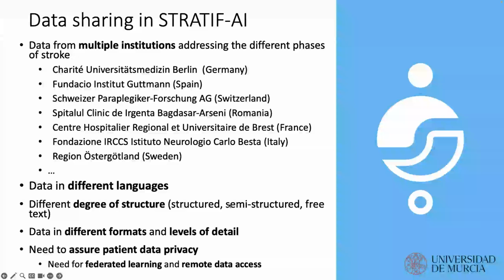And in our project, clinical data cannot be integrated and physically stored into just a common repository due to ethical and privacy issues. So we cannot allow data to leave the institution, and everything, including the training of the machine learning models, needs to be done at each site.